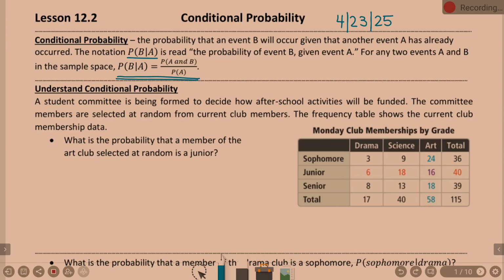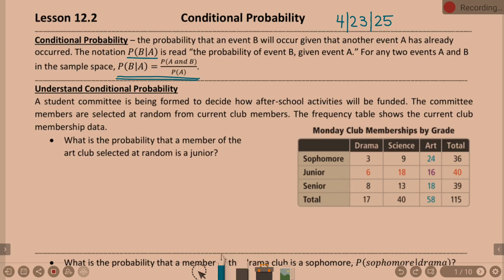Okay, so first of all, I want to turn that into a conditional probability setup so that I can use my formula here. And so they're basically asking, and you have to read this carefully, the probability that the student is a junior given that they are a member of art club. Okay, that's the probability we're looking for.